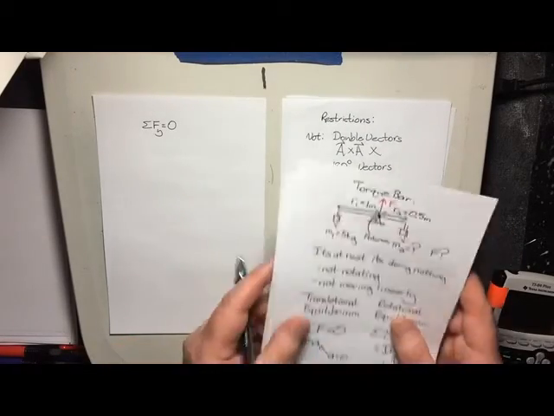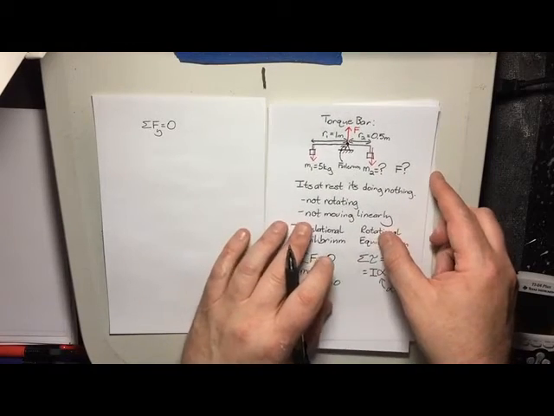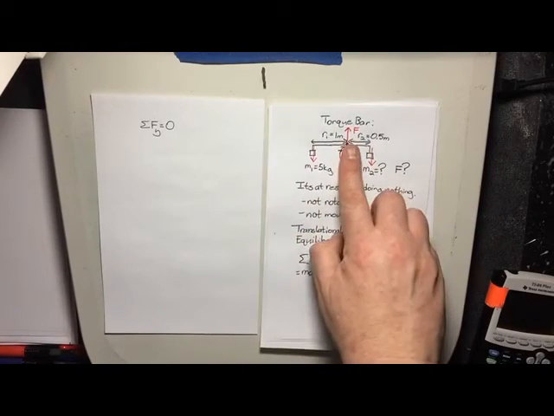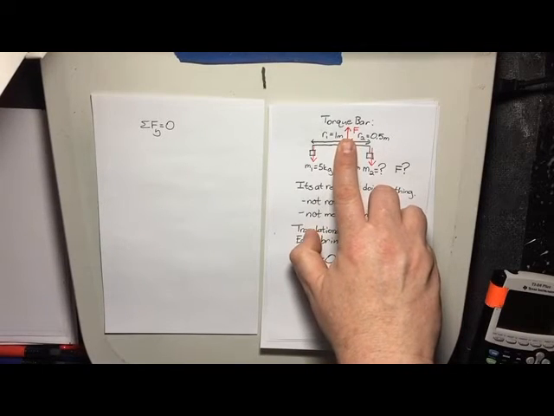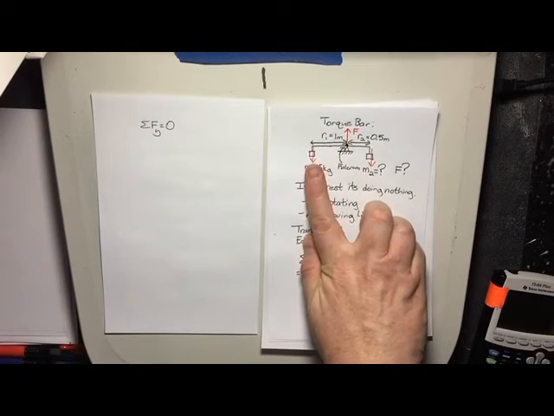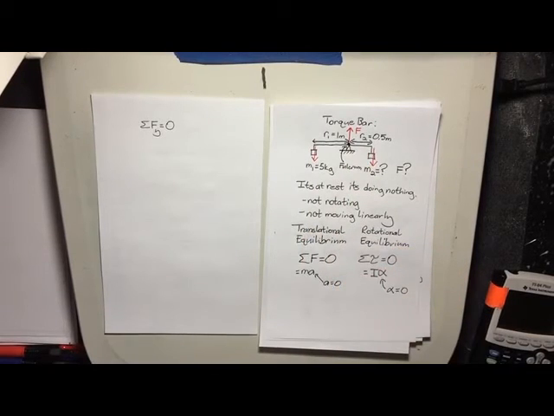What we're determining here is what's the magnitude of this force. That force has to exist because those two forces are pulling down.